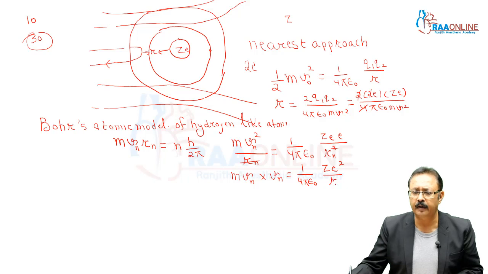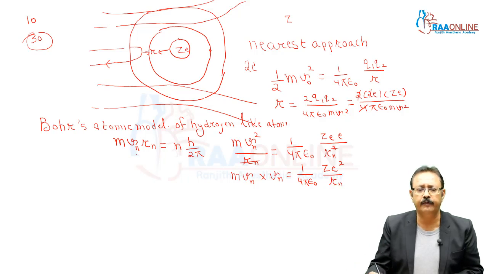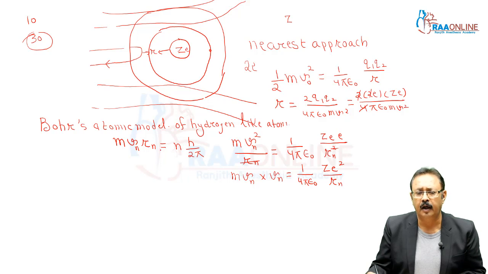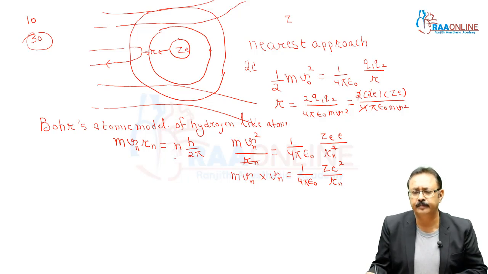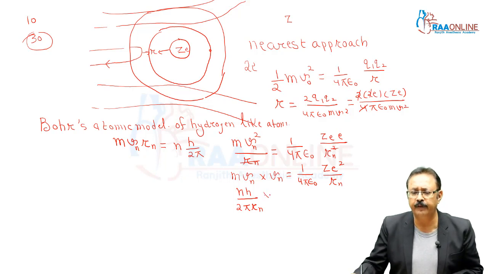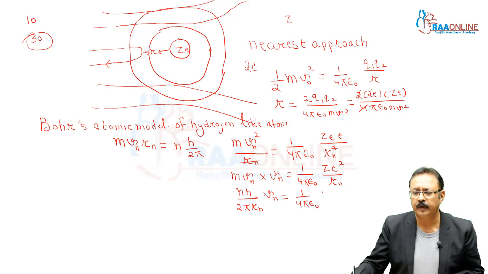For mvn we can put nh upon 2 pi Rn. So mvn is nh upon 2 pi Rn, and one Vn is there, 1 upon 4 pi epsilon naught, Ze square by Rn.